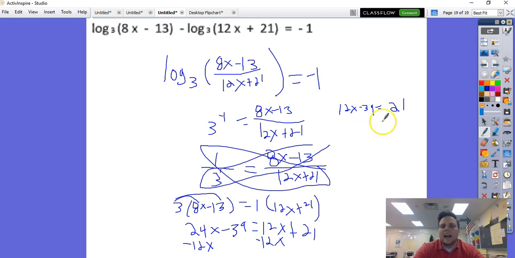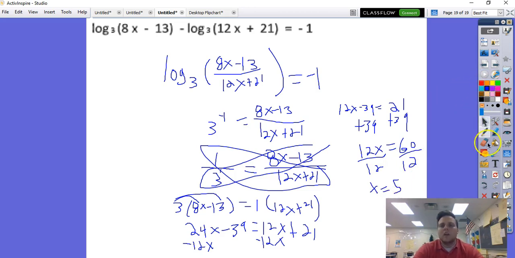Now what you're going to do is add the 39 over. And that's going to give you 60. So you're going to get 12x equals 60. Then you're going to divide by 12 on both sides. And you're going to get that x equals 5. Boom! There you go. Okay? Let's do another problem.